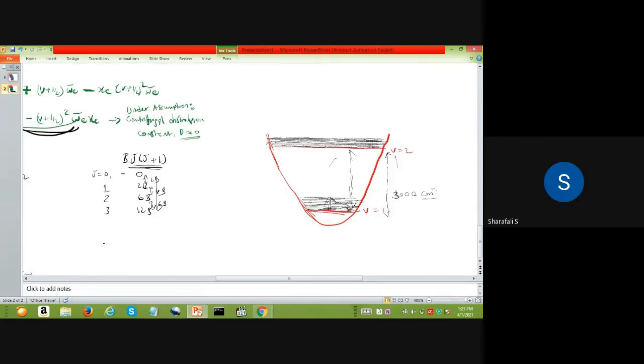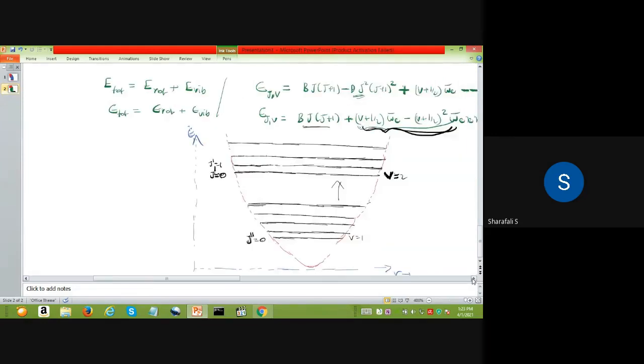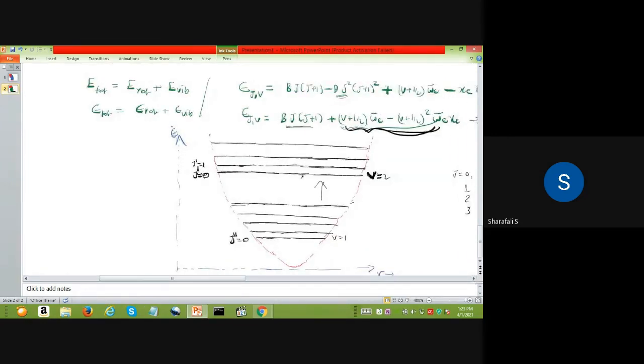Okay, so don't think that this is the exact scenario where it is going to interact with this very easily. Okay, so that's about the case when you are having both rotation and vibration.